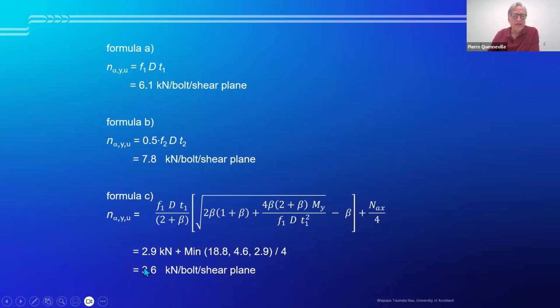That's the one that governs, and for this case, our resistance would be 3.6 kilonewton per bolt per shear plane.